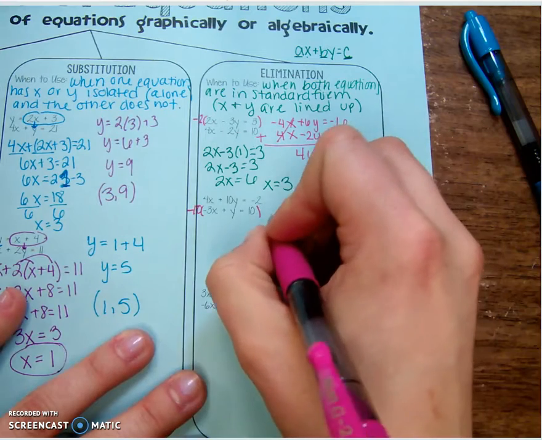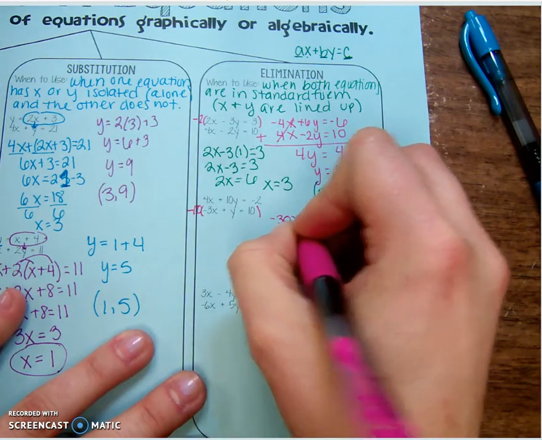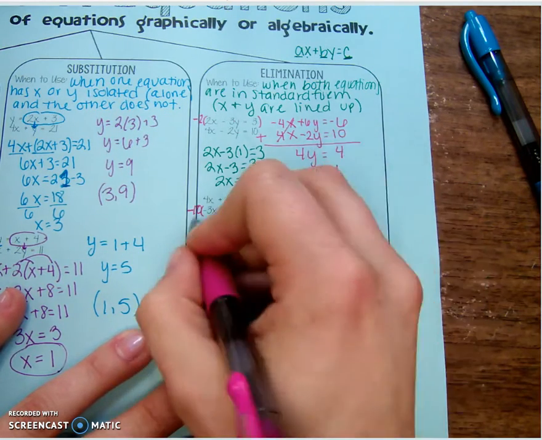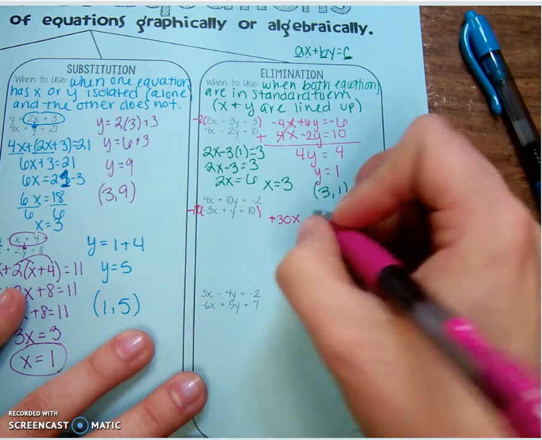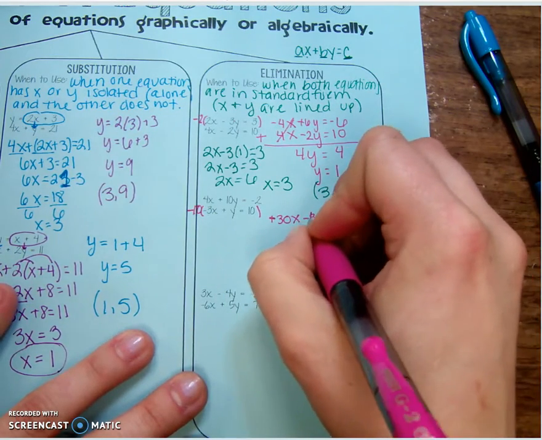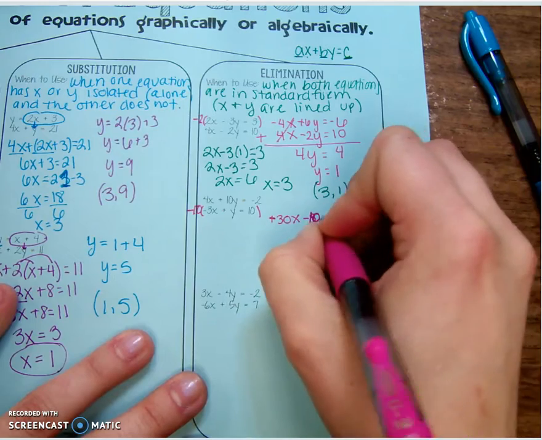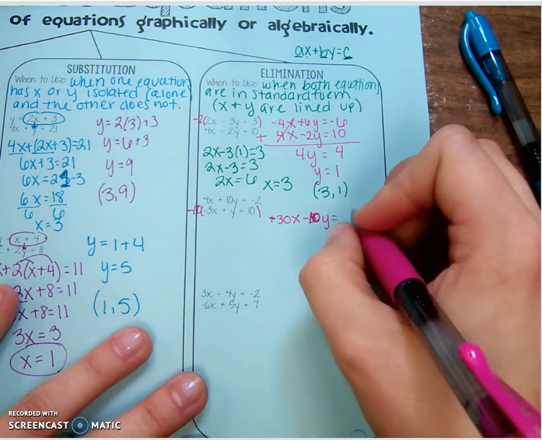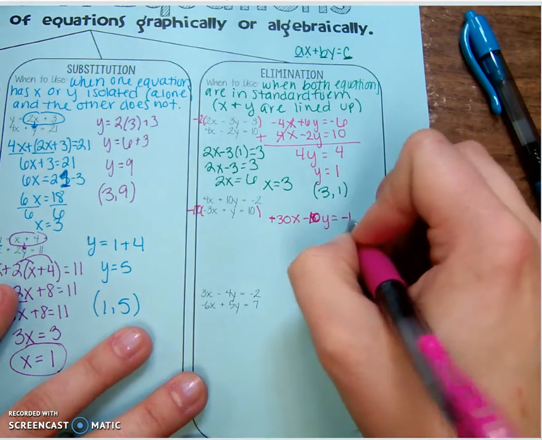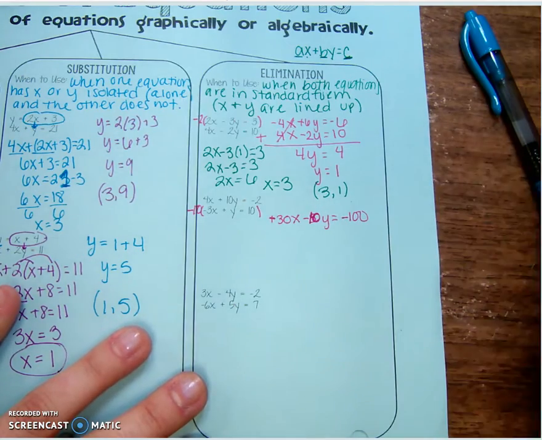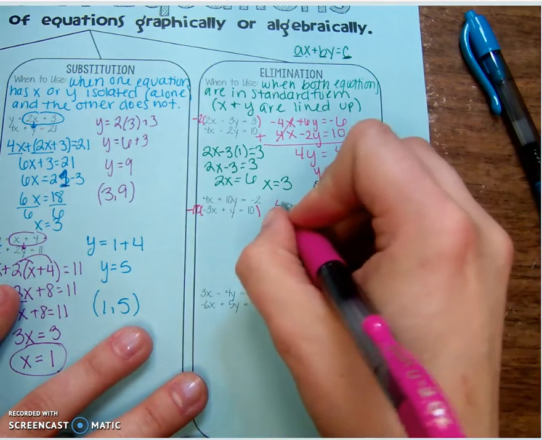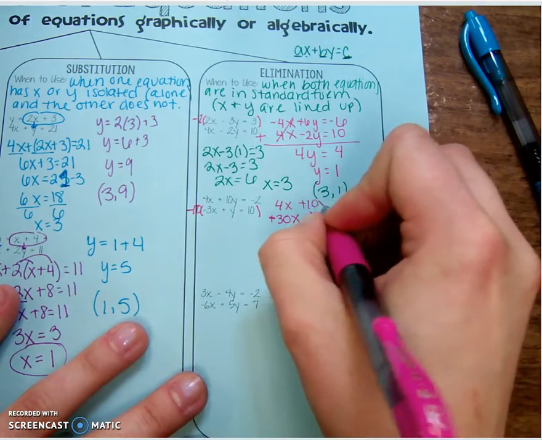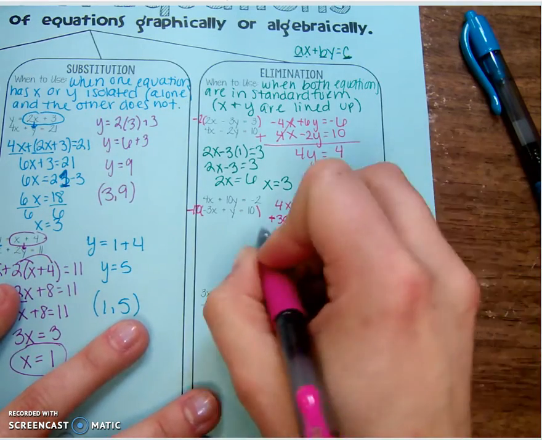So I then have negative 30x, negative is a positive, minus 10y equals negative 100. And bring over what was on top. I had 4x, a positive 10y, and a negative 2.